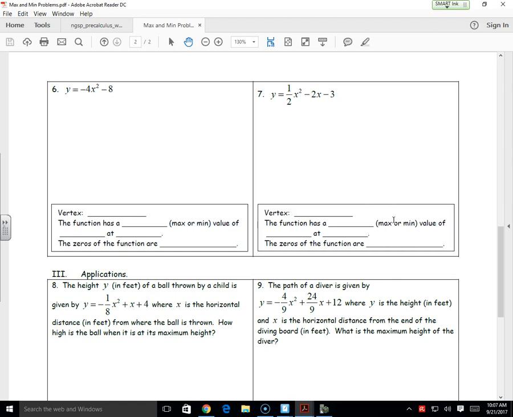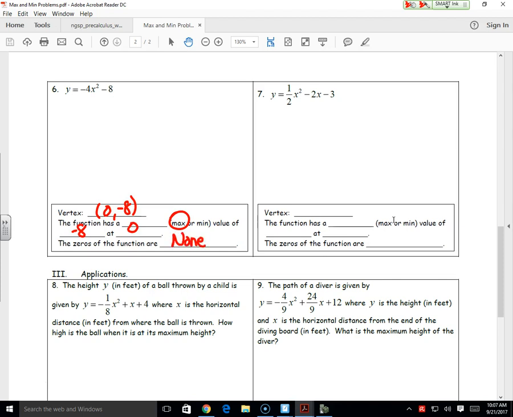We need to talk about the other ones. All right. Number 6. I think we pretty much did this one, but that's okay. We have the vertex at 0, -8. We have the maximum of -8 at 0, and the zeros are none.